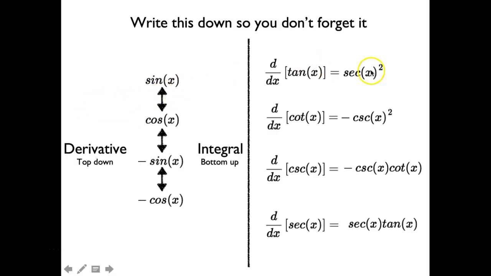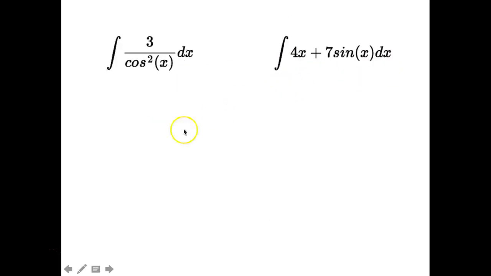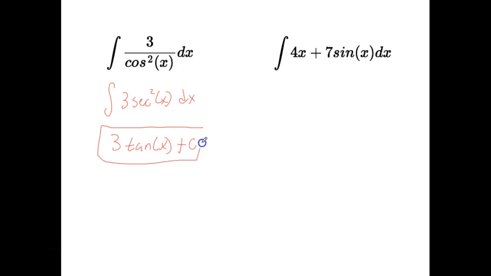Well, let's go back and look at this. Yeah, the integral of secant squared is tangent. So let's rewrite what I had there. It's going to be the integral of 3 secant squared of x dx. The integral of secant squared is tangent. So the 3 comes down and I have tangent of x plus c. And there's my original function.